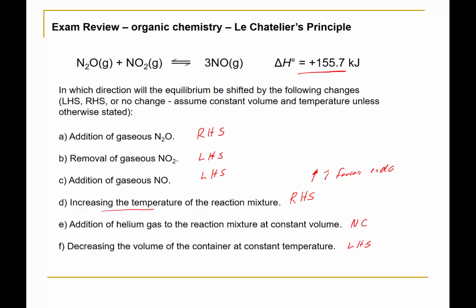Another thing to consider, for instance, is at D, the fact that we've increased the temperature. This actually results in a change in the equilibrium constant. None of these other changes, when there is a shift, results in a change in the equilibrium constant. But we see indeed for D, the equilibrium constant will change. If there's a shift to the right-hand side, it means that there's now more product present than there was before and less reactant.